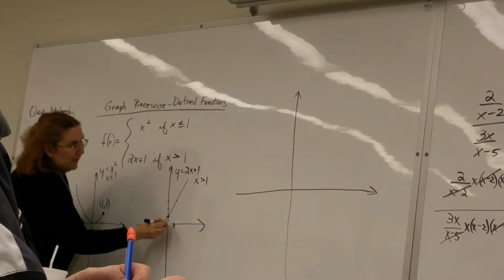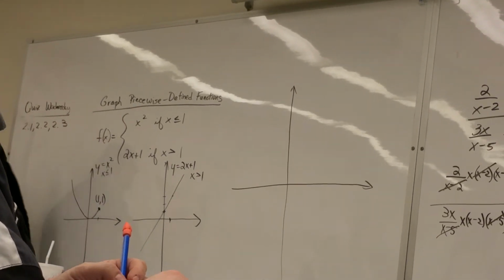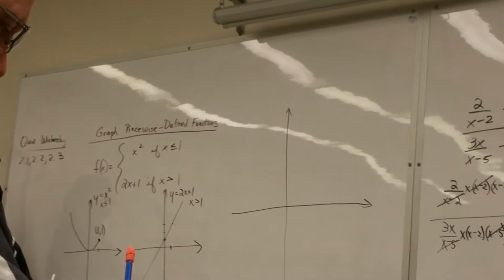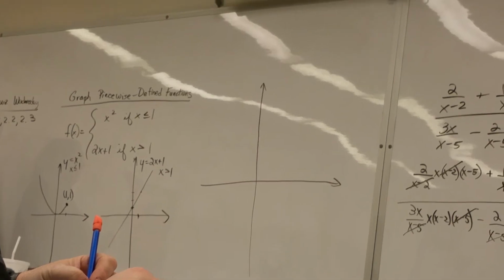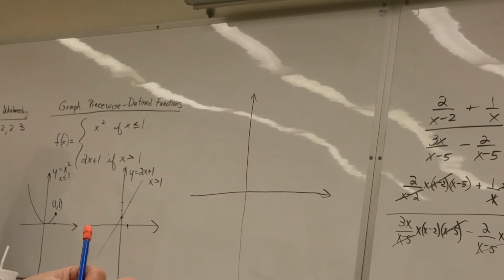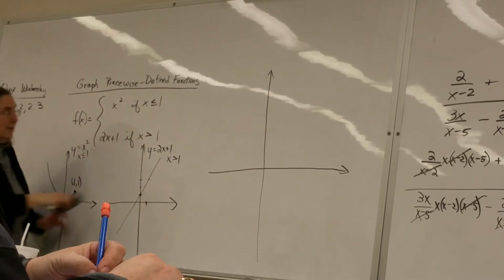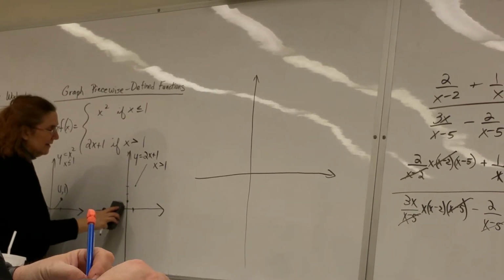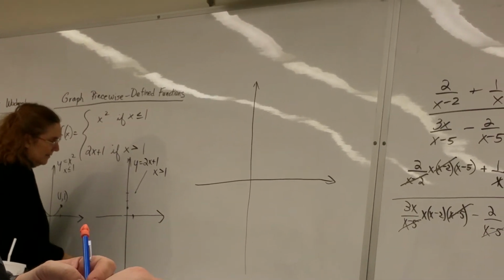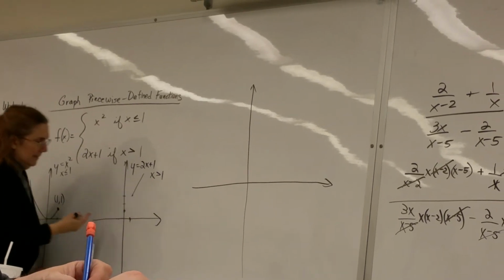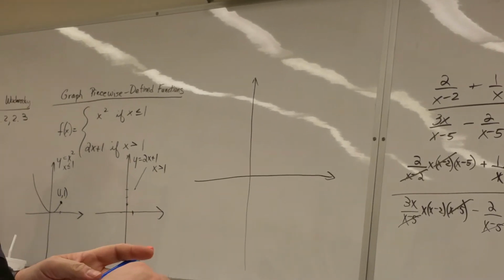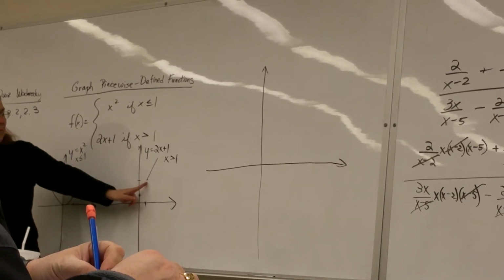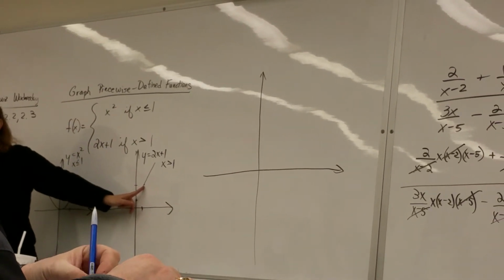So there's my x value of 1. Where are the x values greater than 1? To the right of that. That's why I only want to keep the piece of the graph that's to the right of that. Once again, at that point, do I want dot or circle?